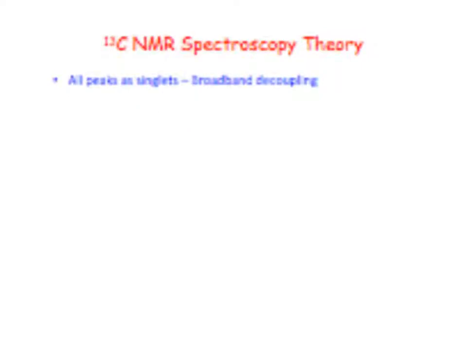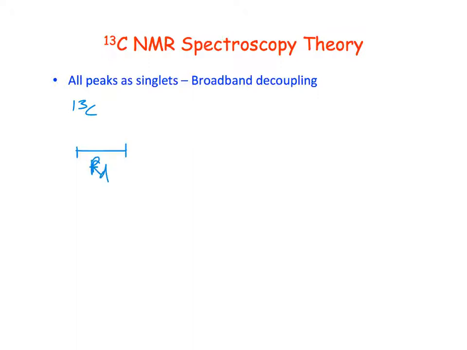All right, so let's just look at a basic C13 experiment. We'll draw out the pulse sequence. The pulse sequence on C13 is just going to look like the proton pulse sequence, but in the frequency range of the carbons instead of the protons. We start with a relaxation delay, just like we did before.